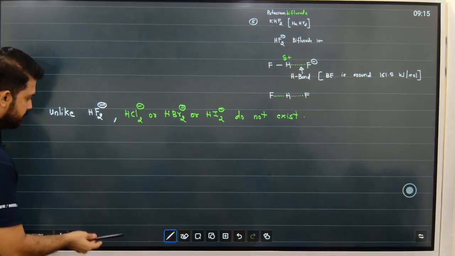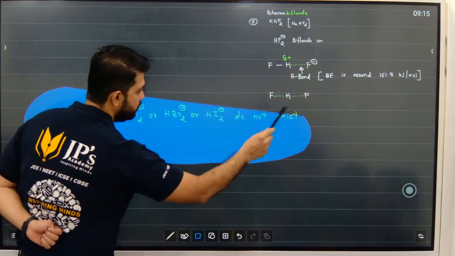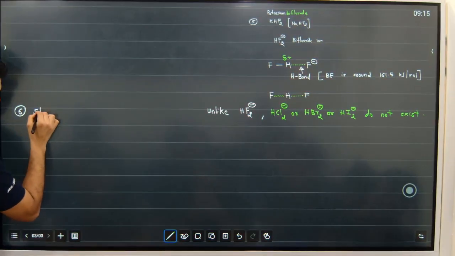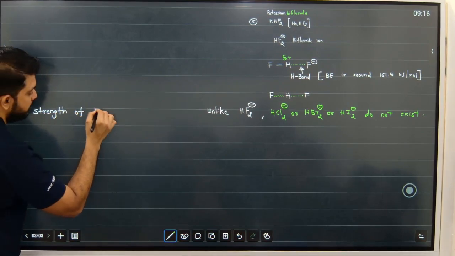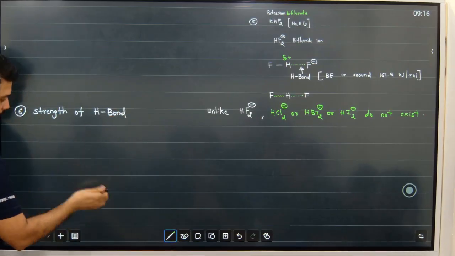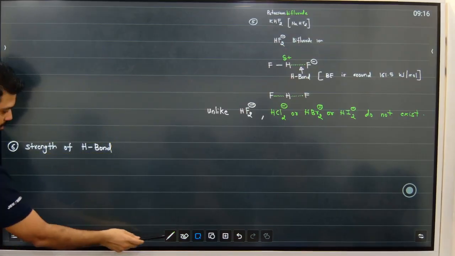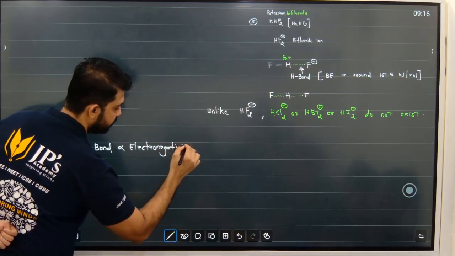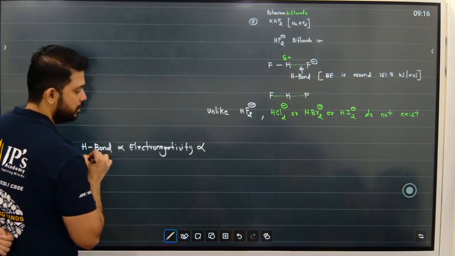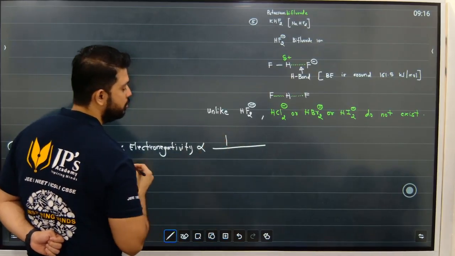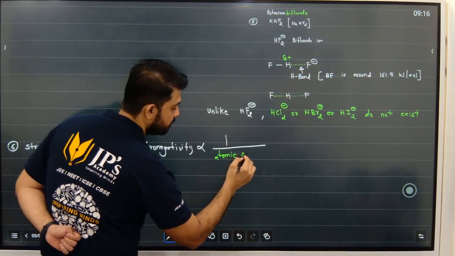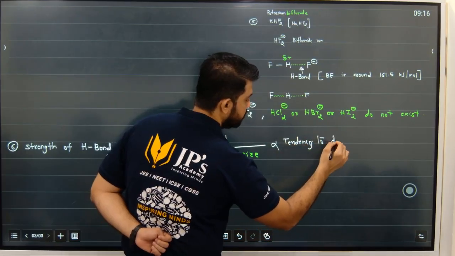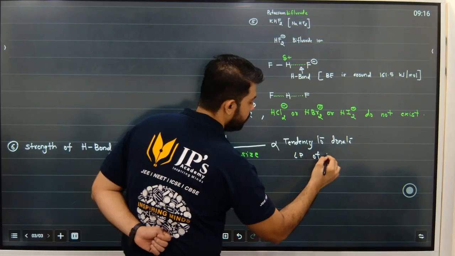And the reason for that is, for hydrogen bonding to exist, the strength of hydrogen bond, I repeat, the strength of hydrogen bond is directly proportional to electronegativity of the atom, it is inversely proportional to atomic size, and it is directly proportional to the tendency to donate lone pair of electrons.